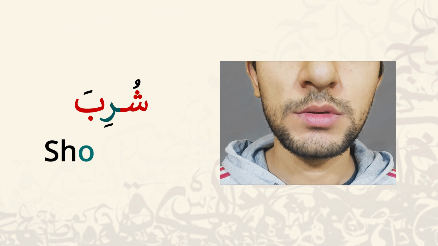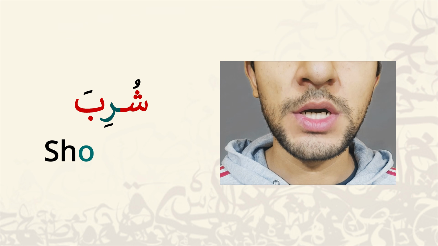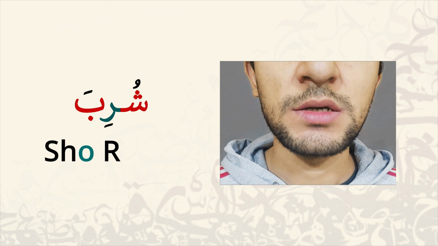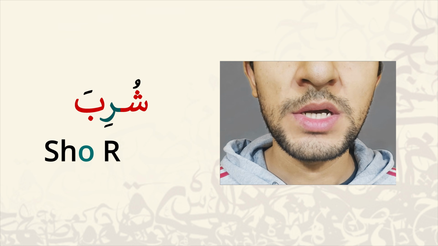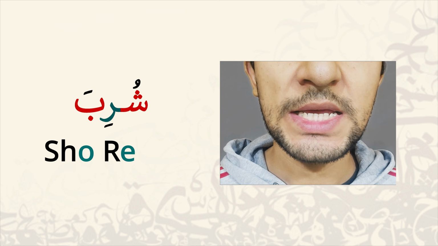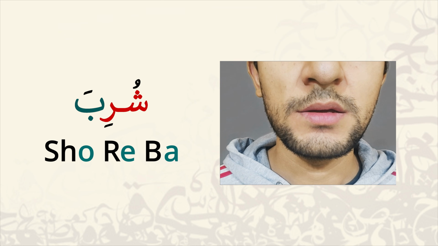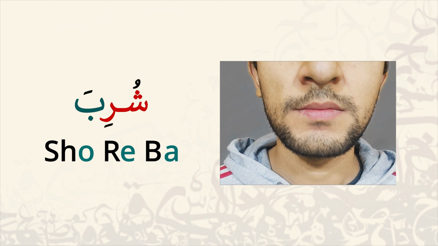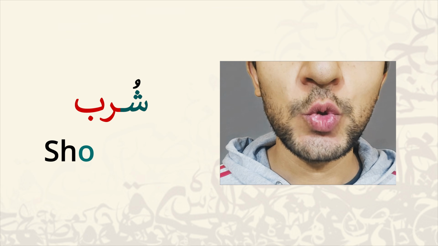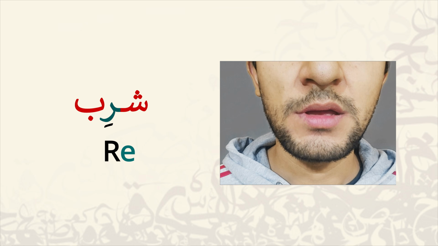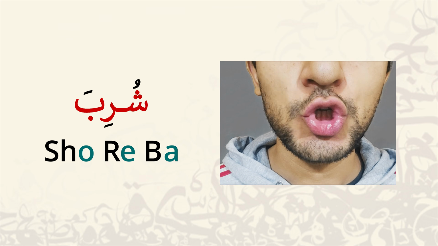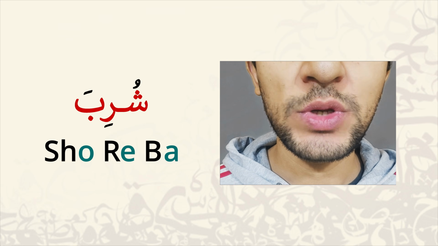The second has the sound r, and with kasra label, it will be ri. The last one, ba. All together, shu, ri, ba: shuriba.